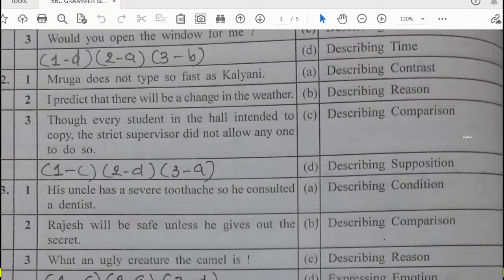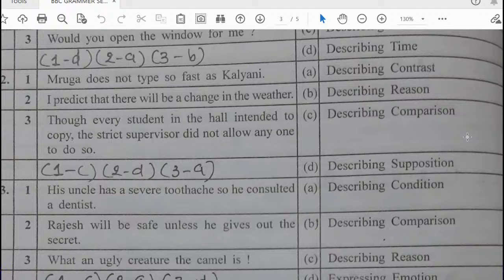Describing condition, describing comparison, describing reason, and D is expressing emotion. So let's see which option will be connected with the first sentence. His uncle has a severe toothache, so he consulted a dentist.